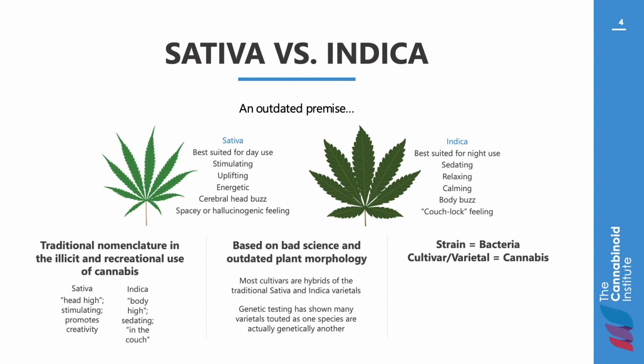Taking all of this into consideration, when looking at cannabis from a clinical perspective, if we are unable to reliably predict the clinical effects of cannabis cultivars based on the plant species, the question remains, how do we properly go about predicting the clinical effect of cannabis plants?